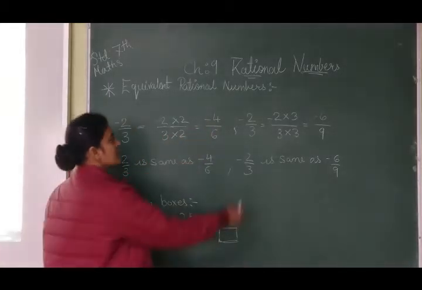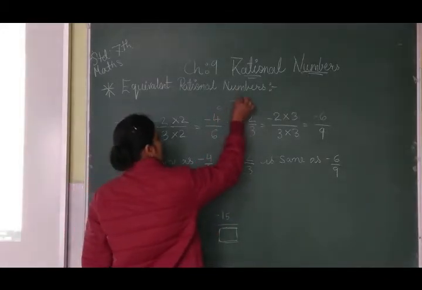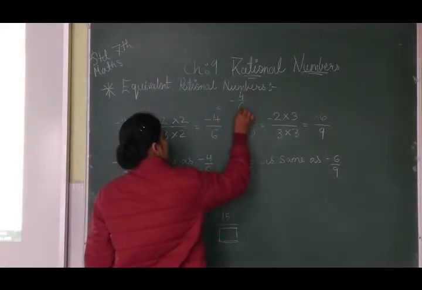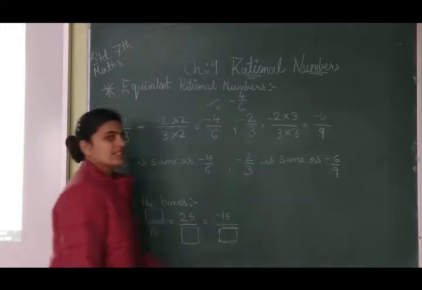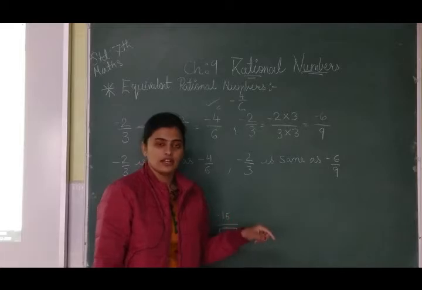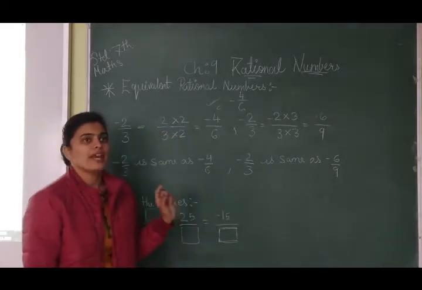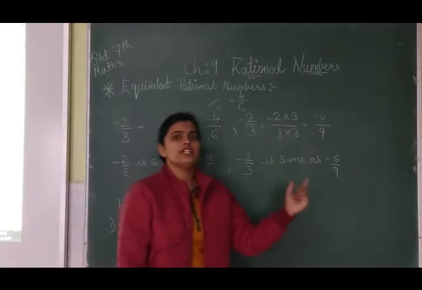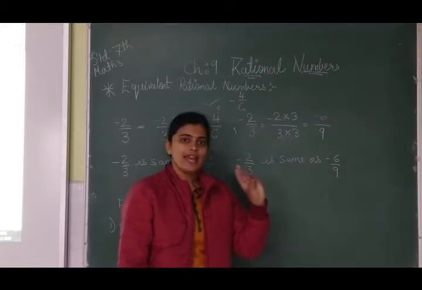Now minus 4 by 6 can also be written with the minus in between, as minus 4 by 6. This way also you can write a rational number. Next, if you want to find another equivalent rational number of minus 2 by 3, we can multiply both numerator and denominator by 3.